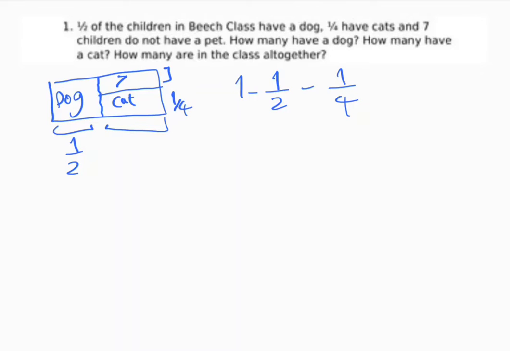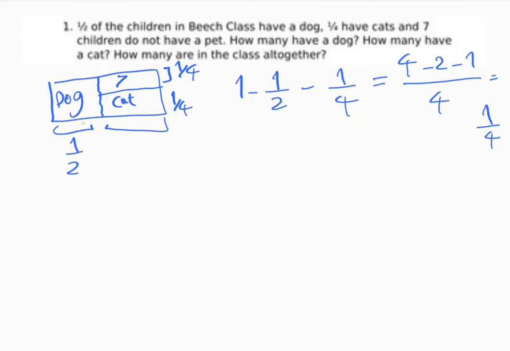Taking a common denominator of 4, it is 4 minus 2 minus 1, which gives a fourth. So this bit is also a fourth, exactly equal to the cat bit.